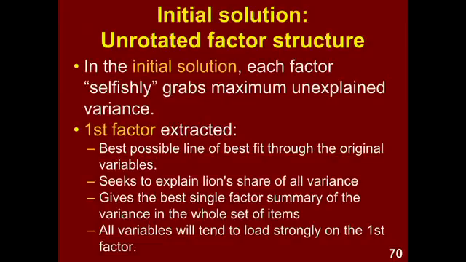However, until it's rotated, it's not that easy to read. Because we said that the first factor was very greedy, it really was not thinking about the second factor when it just grabbed as much money as it could. Similarly, the second factor was not thinking about the other factors when it just grabbed as much as it could. So what we do is we rotate the factor structure so that it evens things out a little bit better amongst the factors.